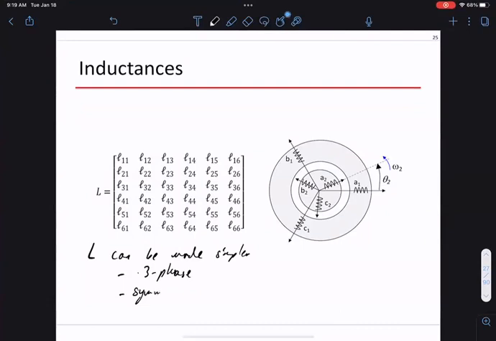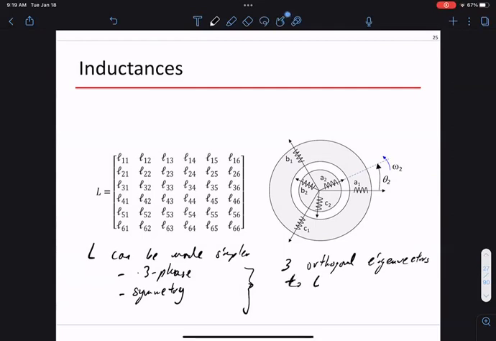Second, there's symmetry in this circuit. The coupling from A1 to A2, for example, is very related to the coupling from A2 to A1. These are symmetric things. So together between these two, you can think of there being 3 orthogonal eigenvectors to L. You make all these assumptions, and L will have very nice matrix properties.